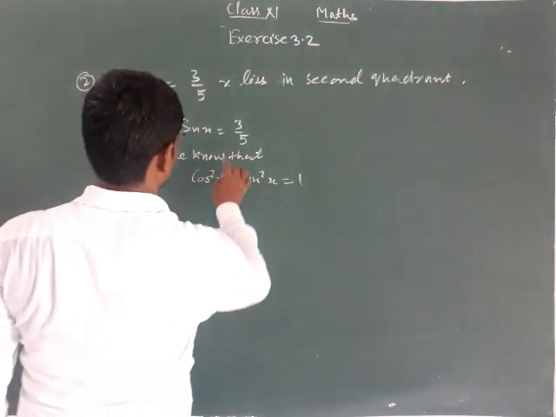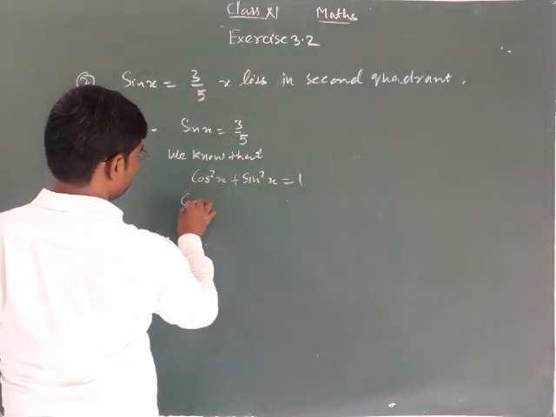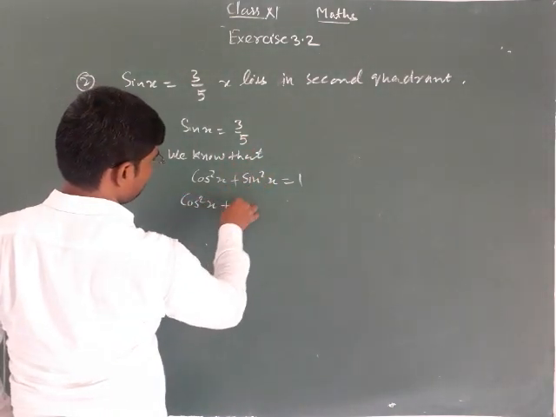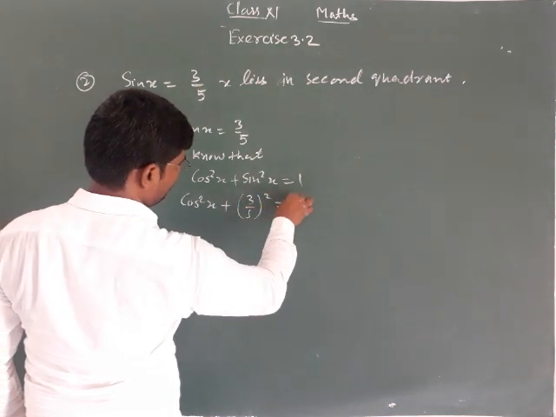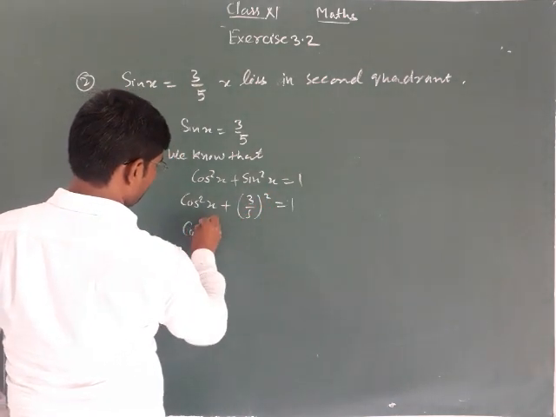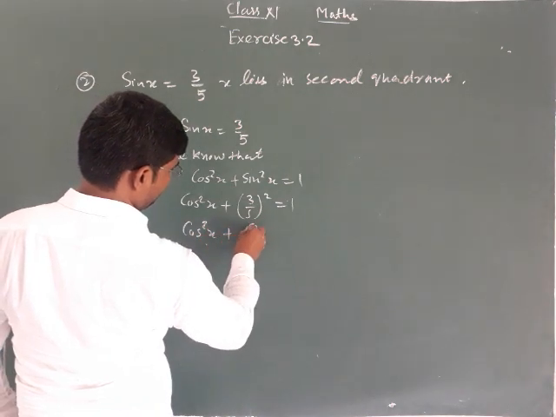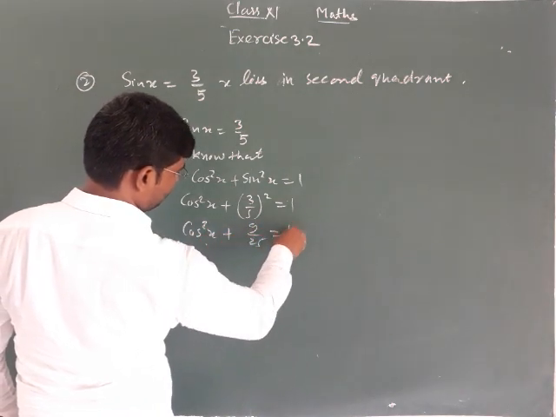Put the sin value here: cos square x plus 3 by 5 whole square is equal to 1. So cos square x plus 9 upon 25 is equal to 1.